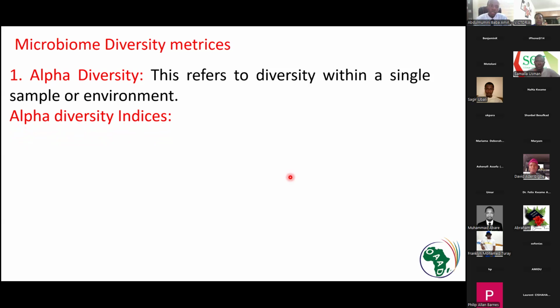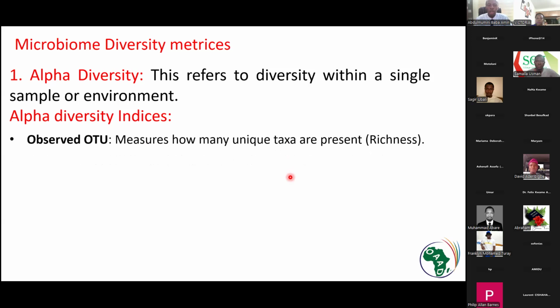So for alpha diversity, there are so many alpha diversity indices, but we'll just talk about a few of the most commonly used. We have the observed OTU. This one simply measures how many taxa are present in a particular sample.